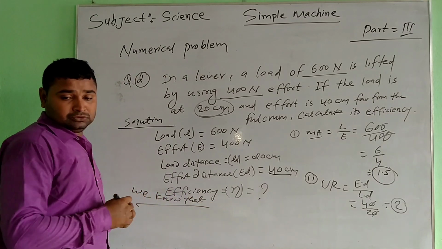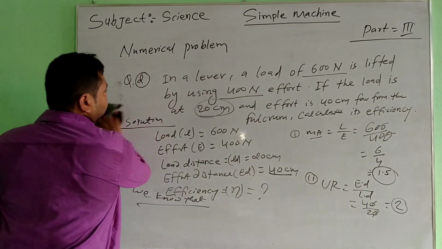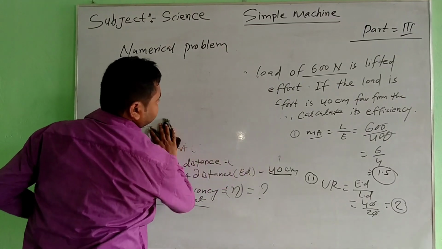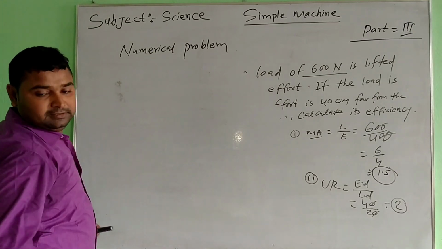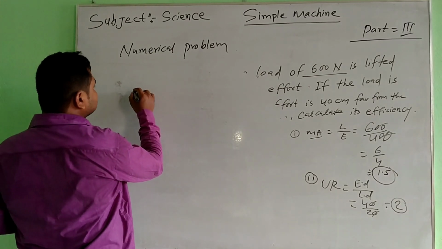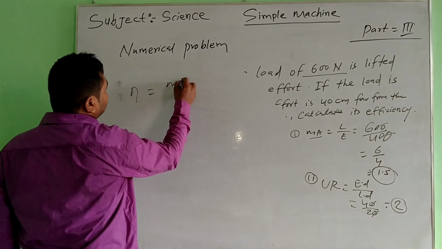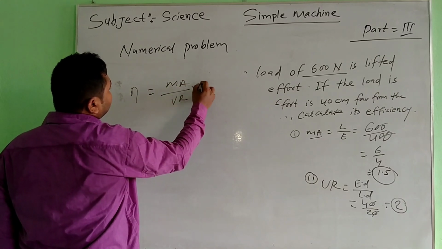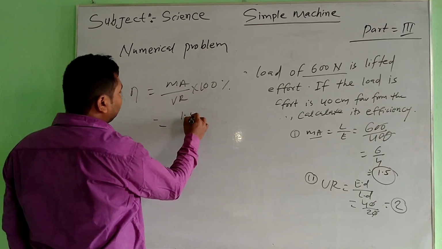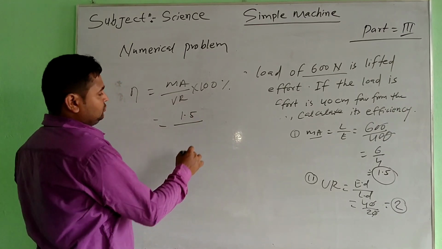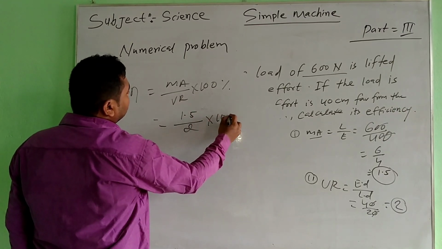Now efficiency is equal to MA by VR into 100%. MA is 1.5, VR is 2, into 100%.